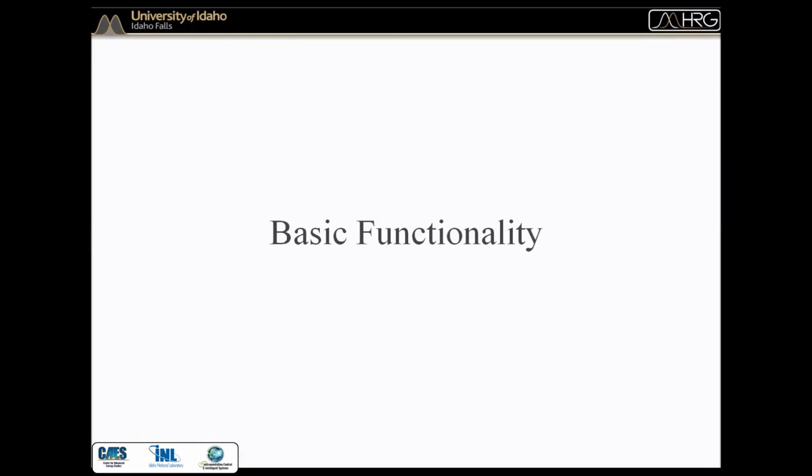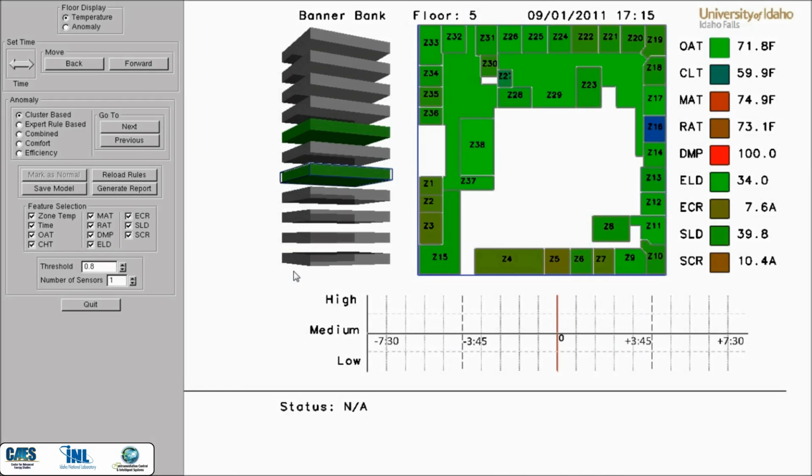Now, we will look at the basic functionality of the Manager application. The building level view on the left-hand side shows the flows of the building. In this example, there are 11 flows. The color of each flow is a representation of the average zone temperature of that flow, where green is normal, blue is colder, and red is warmer.